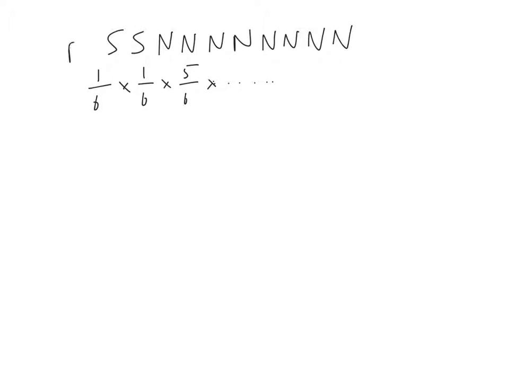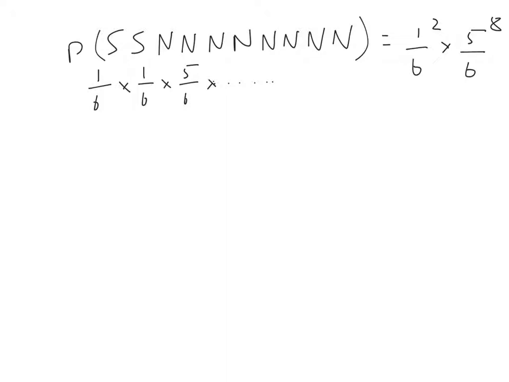So the probability that this is what we get is 1/6 squared times 5/6 to the power 8. 2 is the number of 6s we get, so that power there is 2, because we're looking for the probability of getting 2 6s. We want 2 6s and 8 non-6s.